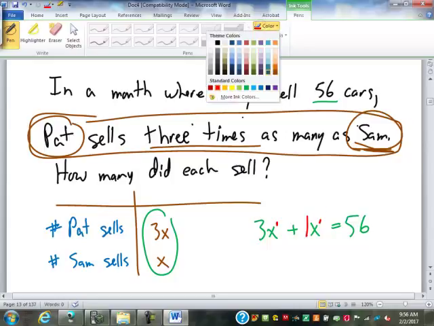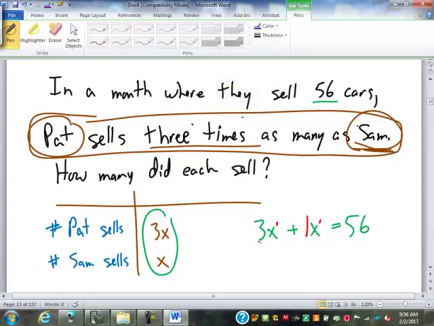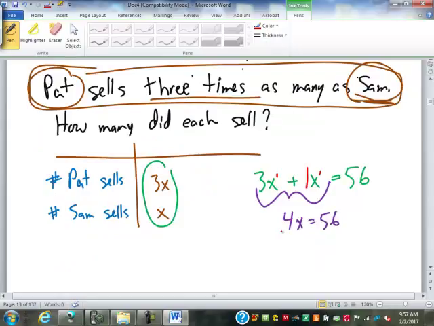So now to solve this, our first step is to combine the x's. 3x and 1x make 4x. So 4x equals 56. And we solve by dividing by 4. So x equals 14. Okay? Now, we are not done yet.